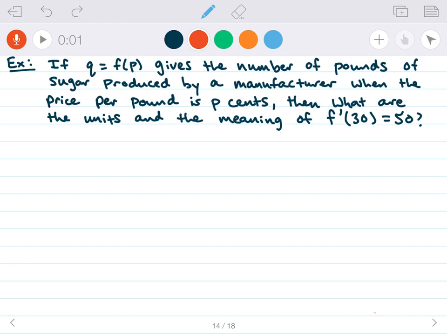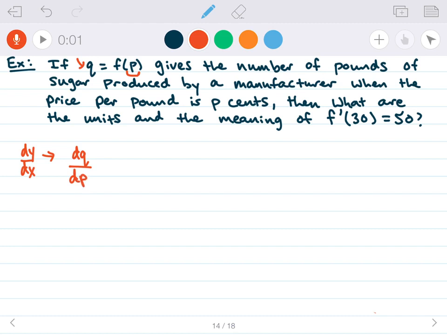Again, we want to figure out what our independent and dependent variables are. Since P is our input, that's our independent variable, acting like our X, and Q is acting like our Y. And so remember, we have dy dx. Well, in our case, it's going to be dQ dP.